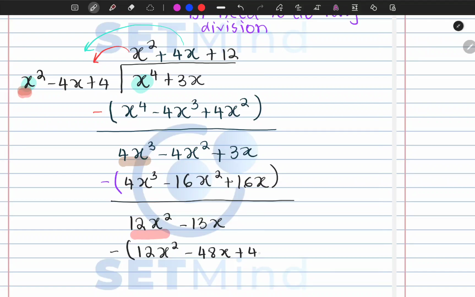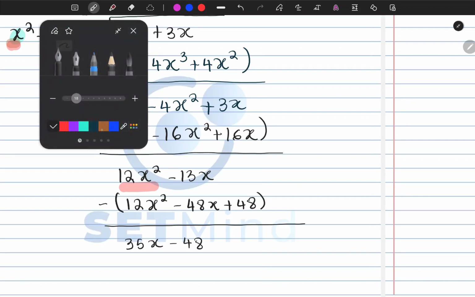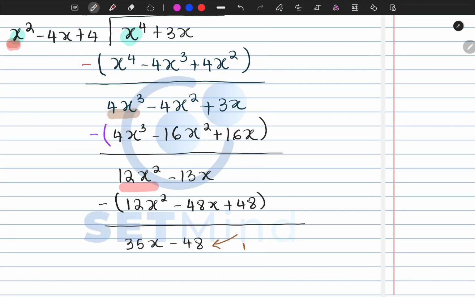And then plus 48, like this. Then when we take the difference here, you should be able to see that we will have 48 minus 13, and that will be 35x, minus 48. And what sits here becomes our remainder.